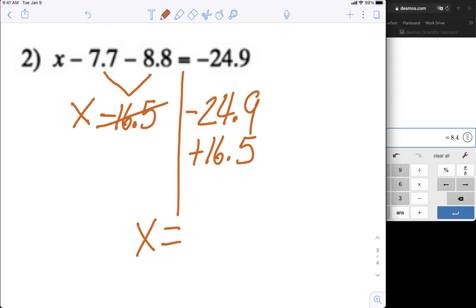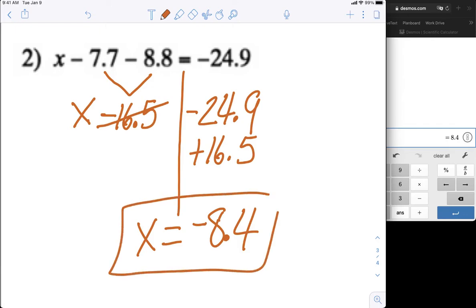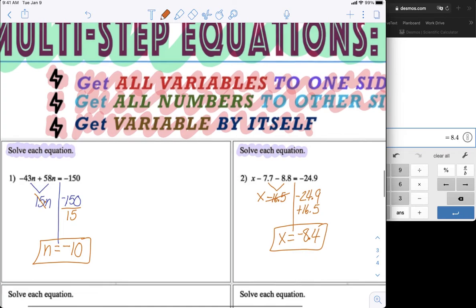So I get 8.4. And it's going to be a negative 8.4 because look, 24.9 is bigger and it's a negative. Look at that, just like that. Okay. There we go. We got 2 examples down.